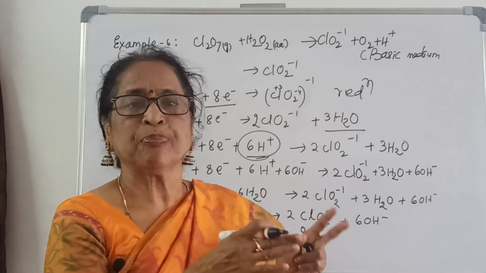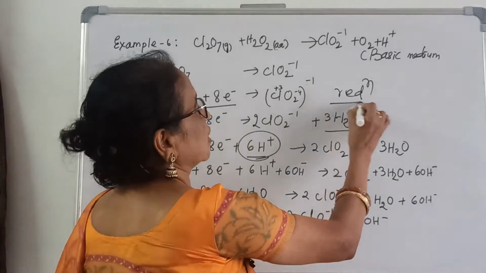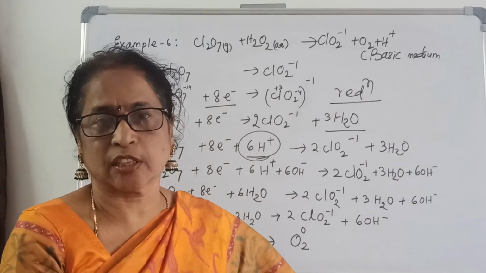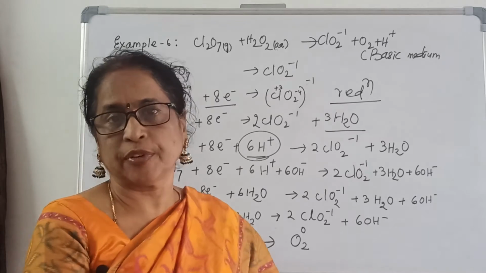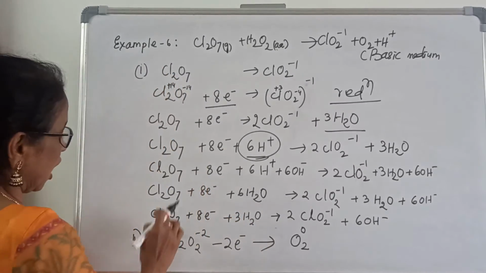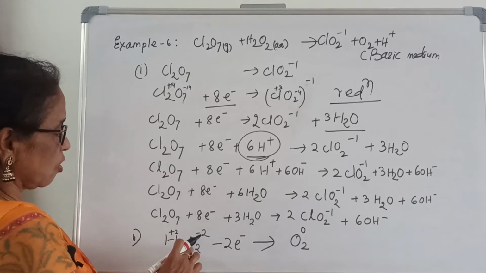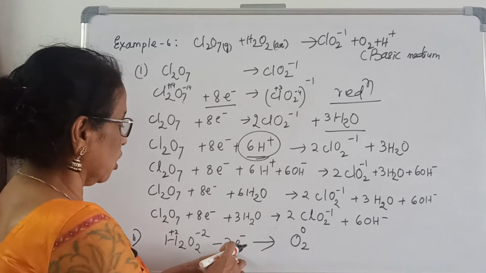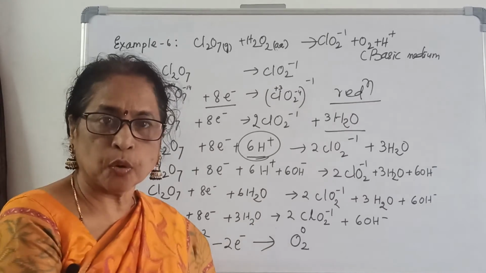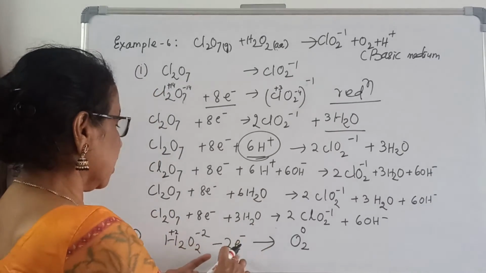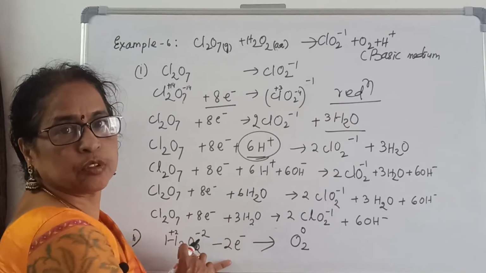Now this is the reduction half reaction. Surely the other one should be the oxidation half reaction. Now what is that one? H2O2 changes to O2. That means how many electrons does it lose? 2 electrons, because minus 1 changes to 0, and here 2 oxygen are there, so it loses 2 electrons.